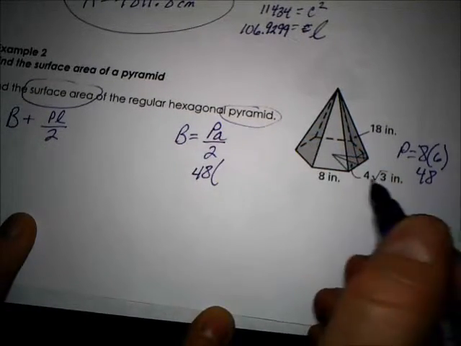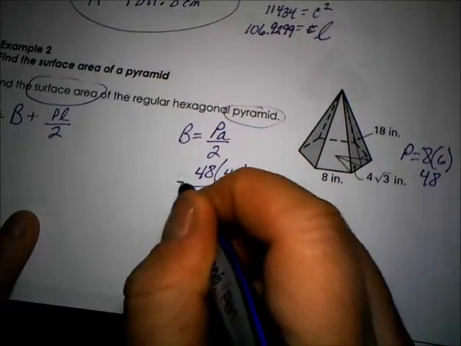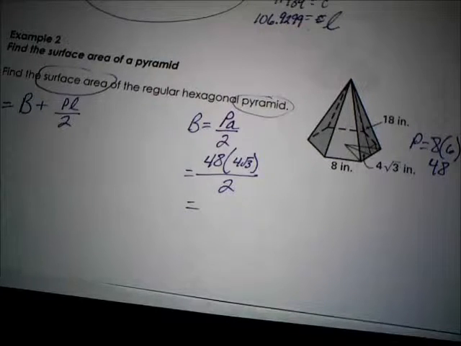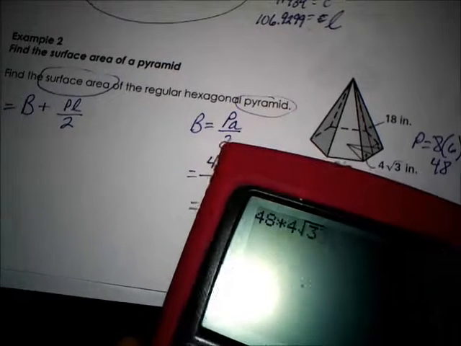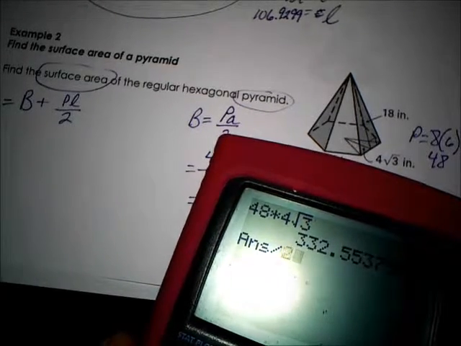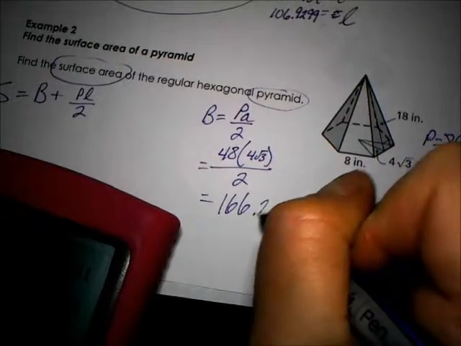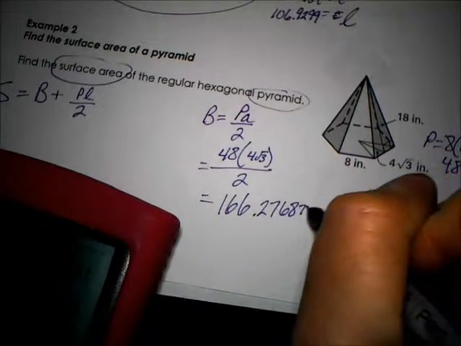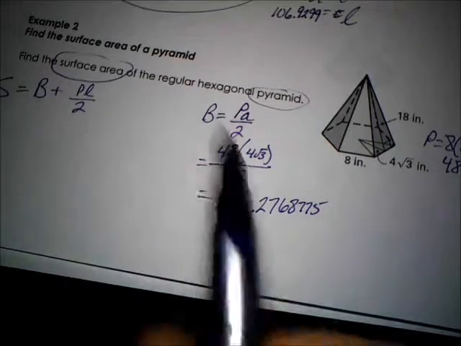The apothem is given to me as 4 square roots of 3, and then I'm going to divide by 2, and that'll give me my B. So I put in 48 times 4 square roots of 3, and then I divide by 2 to see that my base is that value. So that is my B.